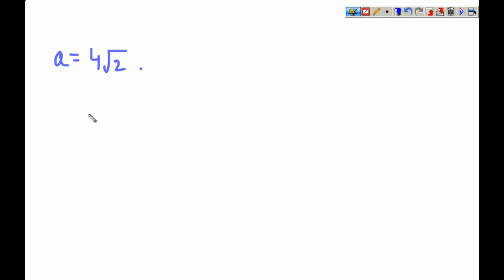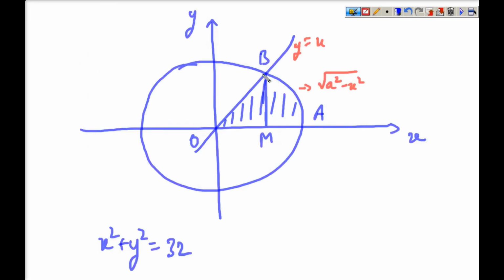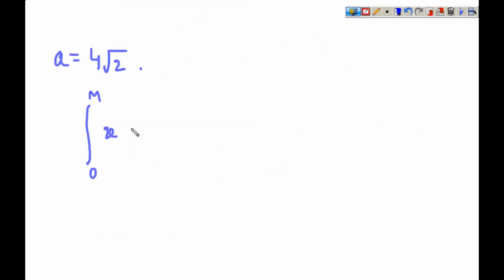So first I can find the area of the triangle, that is x from 0 to m, and the function is y equals x, so the area under the curve is this one. As we have y equals x, the function is only x, and I'll integrate with respect to x.